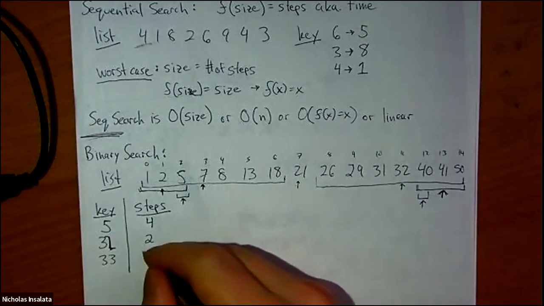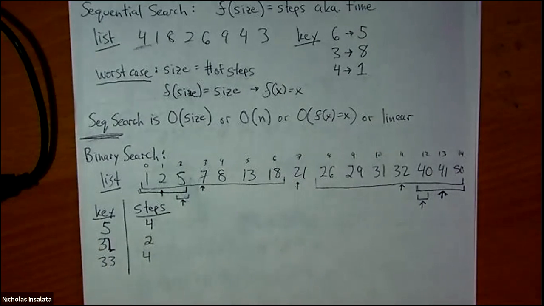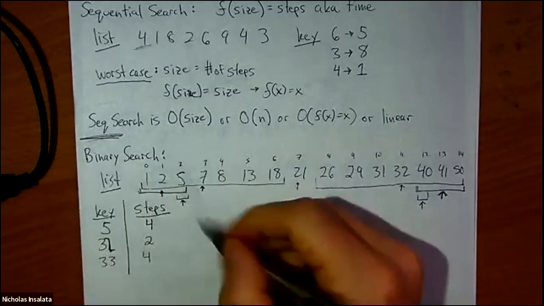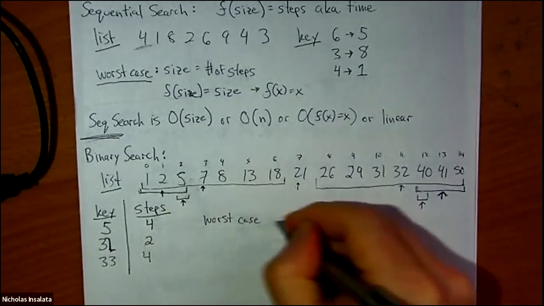4. So it looks like we have something in common here if we're thinking about the greatest number of steps it might take to find our key. Right? It looks like the answer is 4 steps. Why is that? Why is our worst case scenario equal to 4?